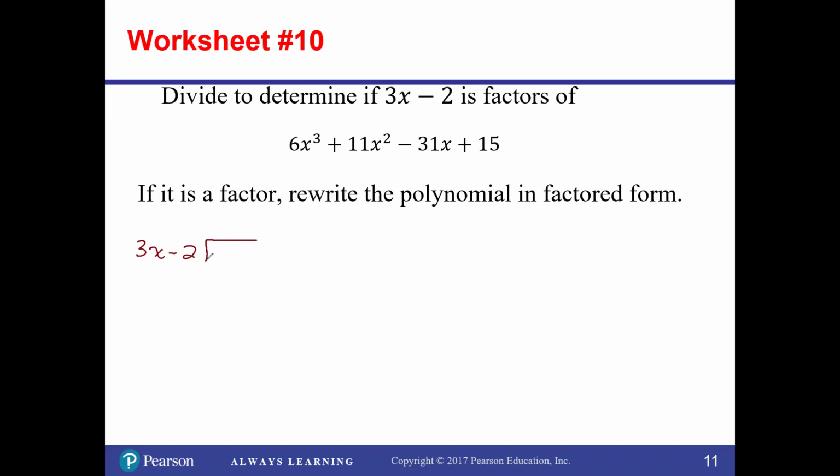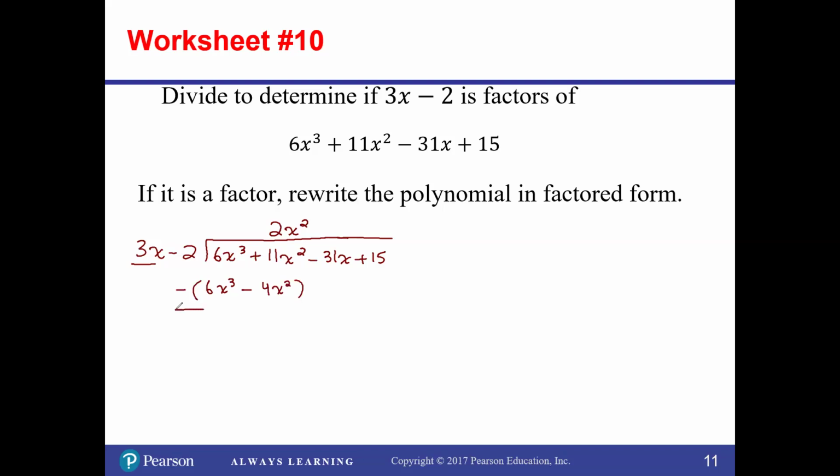All right, so for this one, my divisor is 3x minus 2, and they're dividing into 6x cubed plus 11x squared minus 31x plus 15. So, like I said, we're focusing on this first part. I get 6x cubed. If I divide it by that 3x, I'd be left with 2x squared. 2x squared times 3x would be 6x cubed. 2x squared times negative 2 is negative 4x squared.